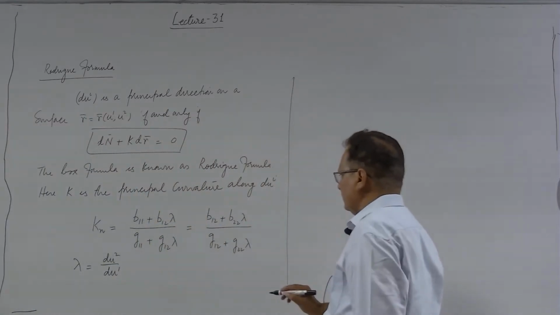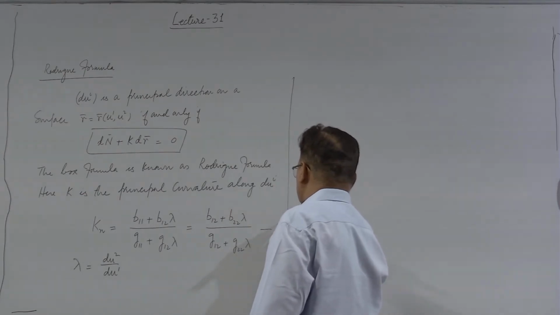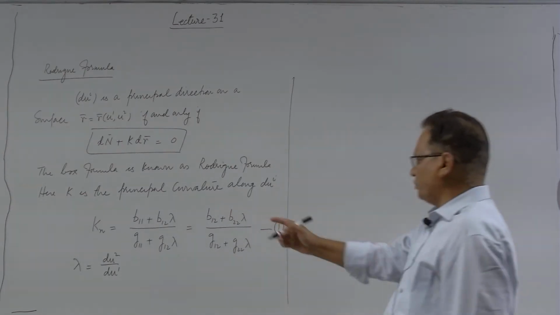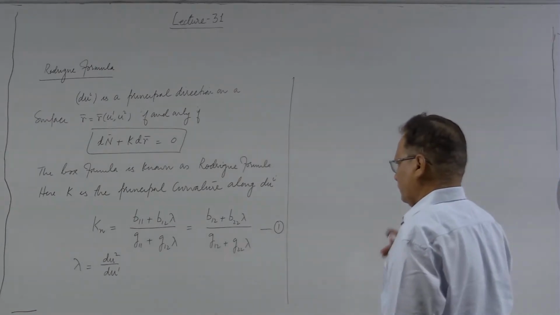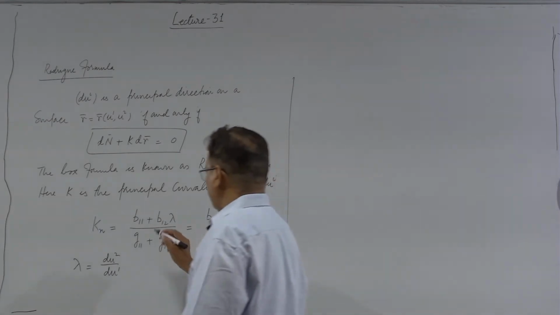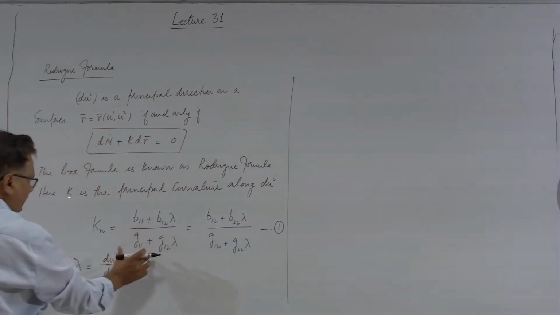Now, I will call this relation 1, and I will exploit this relation to work out that box formula. So, first of all, let me multiply crosswise in the first equality.